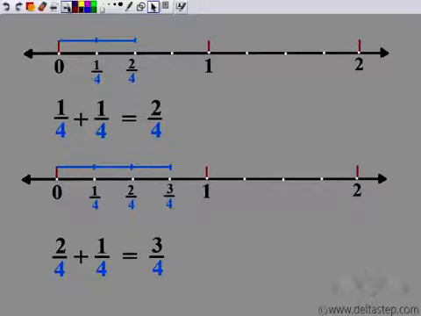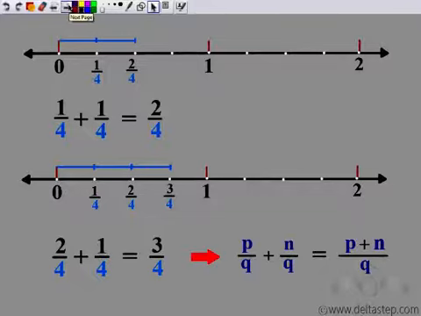Look here, denominator is again not changing and numerators are being added. 2 plus 1, 3. So what we concluded is that if there are two rational numbers which have the same denominator, Q, then the denominator remains the same and the numerators get added. So P plus N by Q.